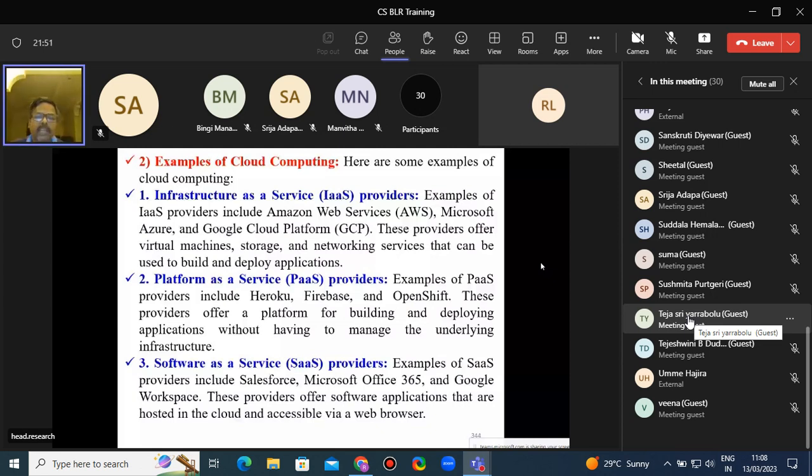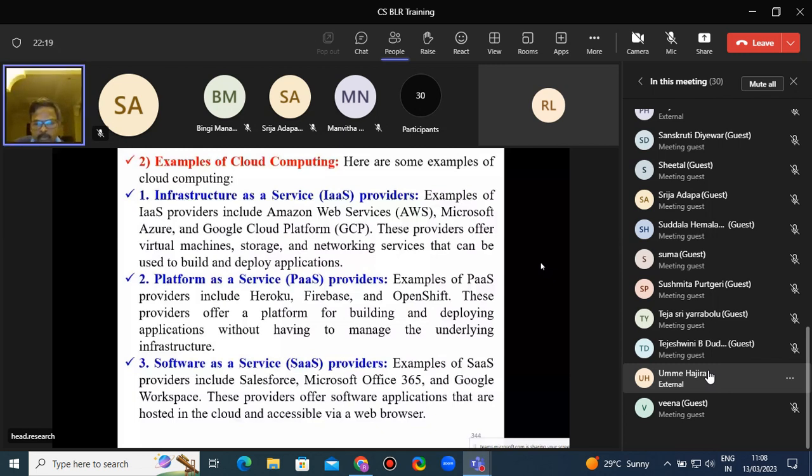Then platform as a service providers. Examples of platform as a service providers including Heroku, Firebase, and OpenShift. These providers offer a platform for building and deploying applications without having to manage the underlying infrastructure. Software as a service.